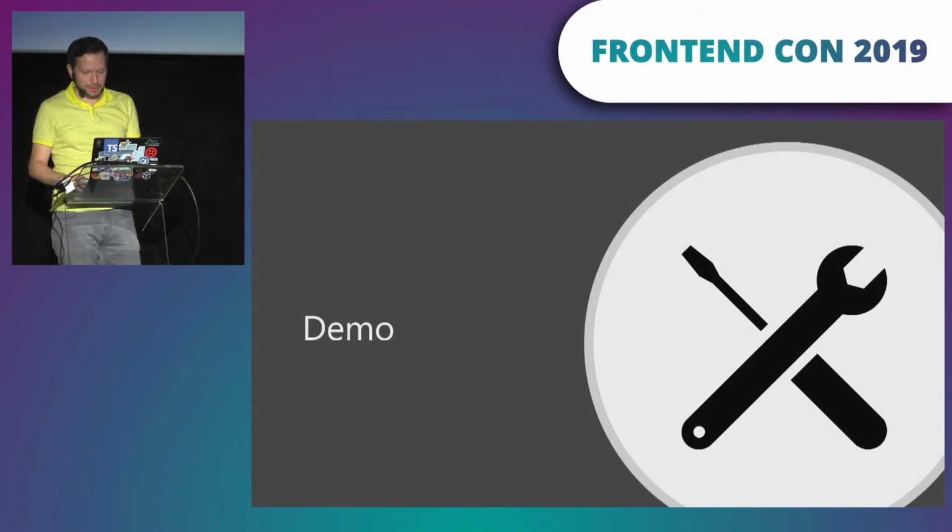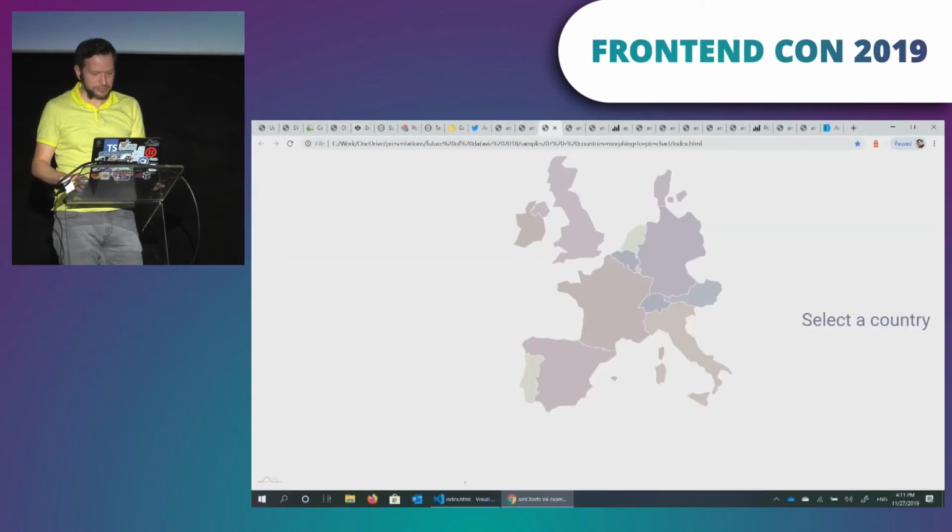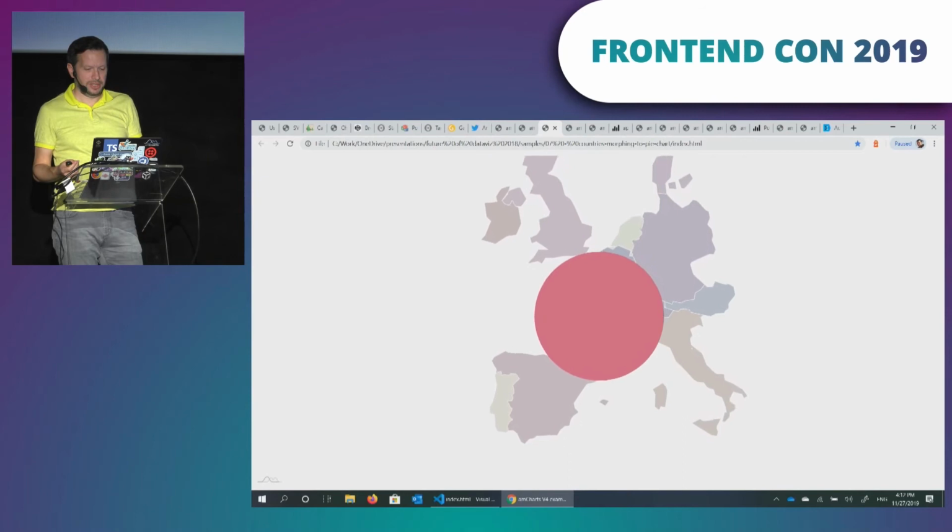So a few demos about that. Over here you see basically a map. And normally, if you had to present some stats by country, you would either have a drop-down, or in the best case scenario, you would click on a country, and it would open a different view that would show you the stats for the country. But why not just, when you click on a country, show the stats right here.